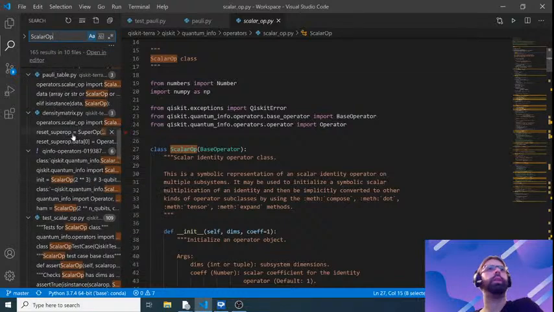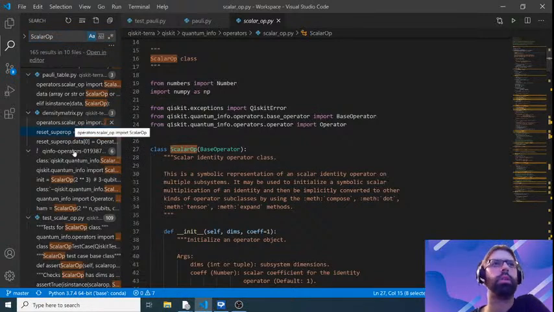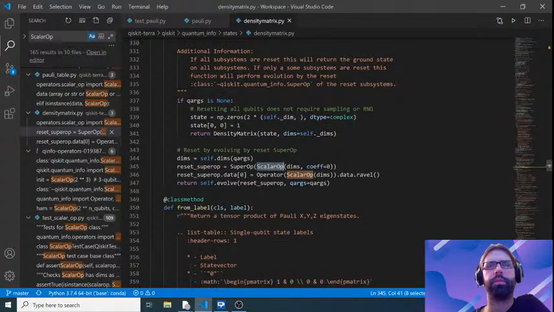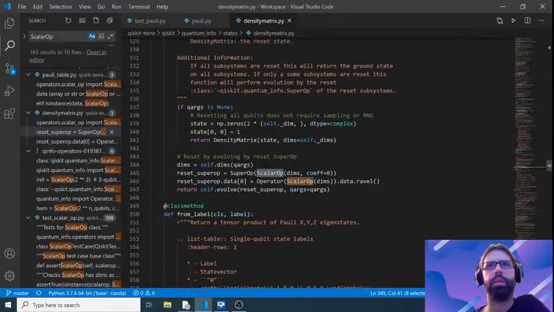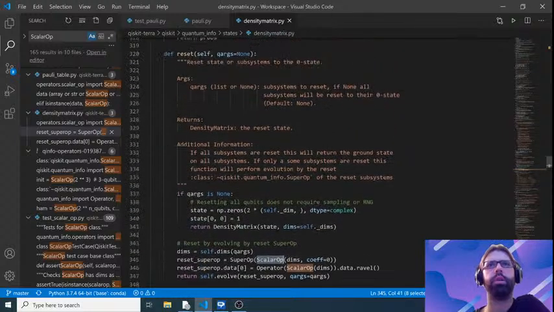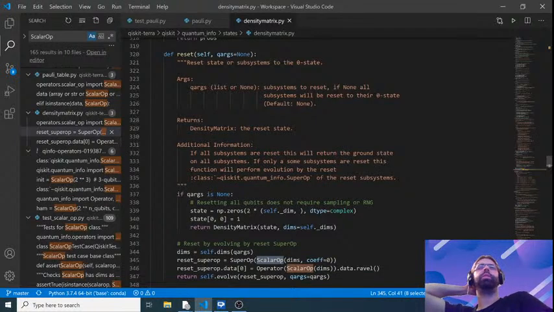Okay, so in the density, I see super operator. No, I see scalar. Okay, so this is something here. There is something that combines the super operator and the scalar operator. Reset the state of a subsystem to the zero state.